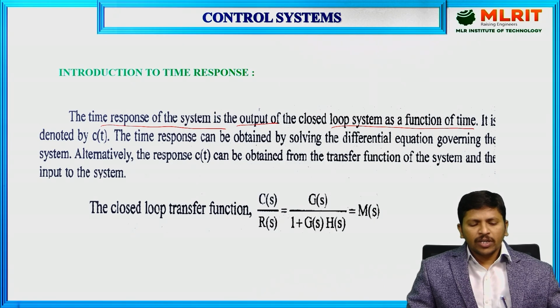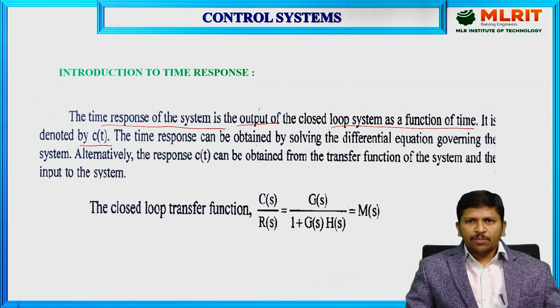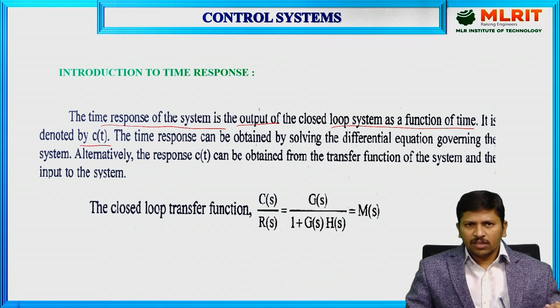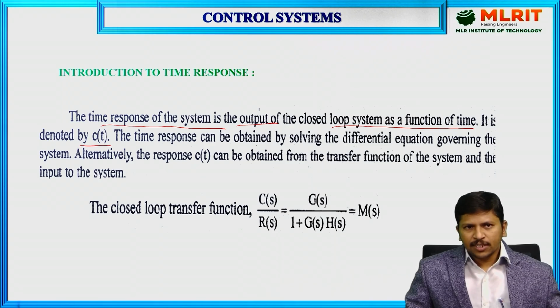Simply, we denote the time response as C of t, and every time response can be obtained by solving the differential equations governing the system. Alternatively, the response of any system, C of t, can be obtained from the transfer function of the system and the input of the system.